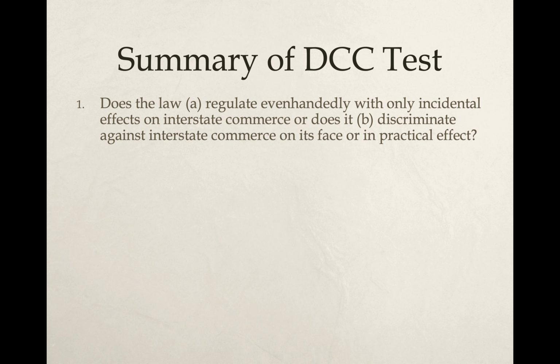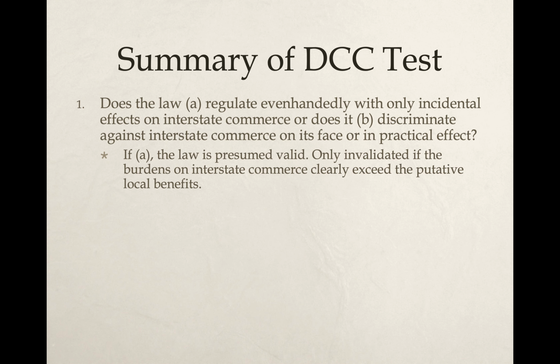So the law is going to be classified into one of two categories that correspond to those two levels of scrutiny. And if the law is not discriminatory, if it regulates even-handedly, then the law is presumed valid. And the law is only invalidated if the burdens on interstate commerce clearly exceed the putative local benefits. That will be a test that we eventually derive from a case that we'll look at tomorrow.